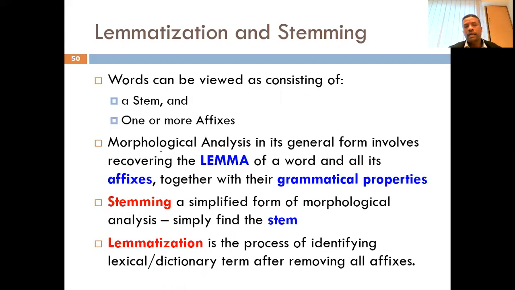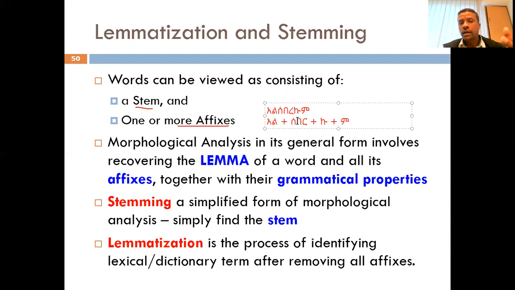So as I have said earlier, a word can be viewed as consisting of a stem and one or more affixes. So if you have words like, in Amharic, al-sabberkum, we know that al is a prefix, sabbar is the main word, then ku is the subject marker, and me is the negative marker.